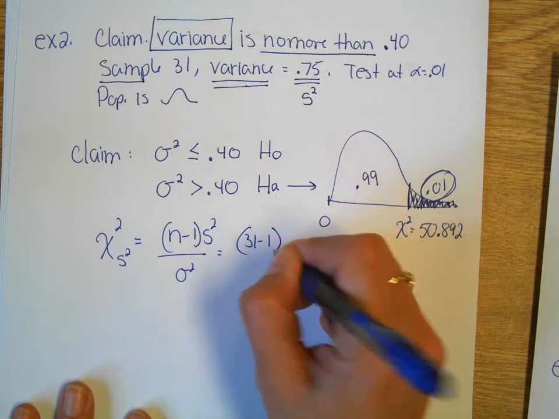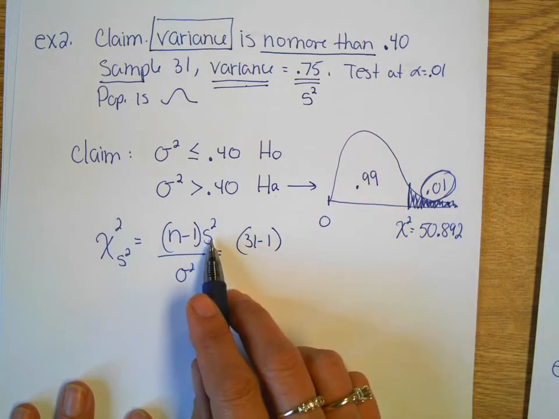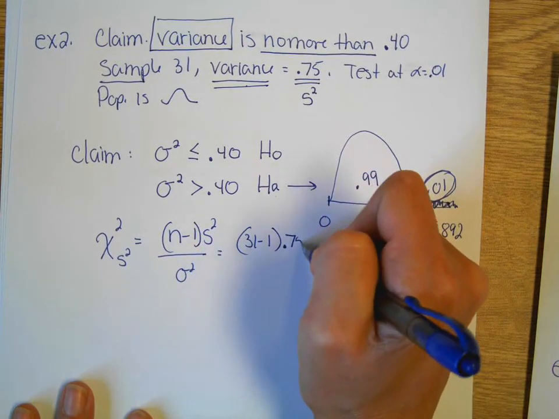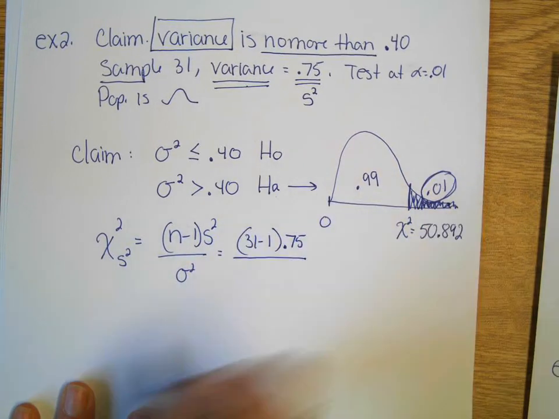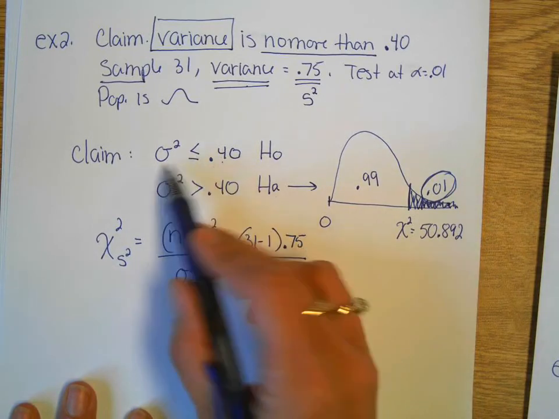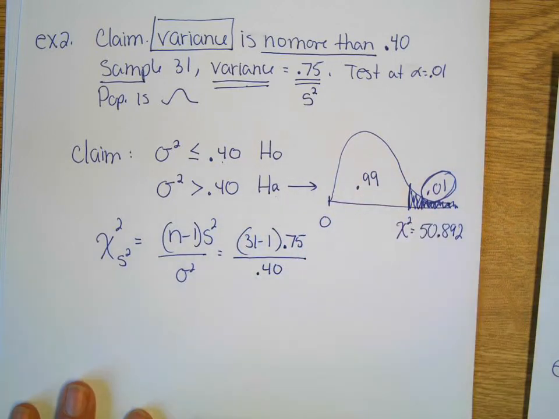Minus 1, all times 0.75. 0.75 is s squared, do we agree? So no need to square it again. And then over, do we know sigma squared? 0.40, sigma squared in the H0 and the Ha. So don't square them again. They're already that thing squared.